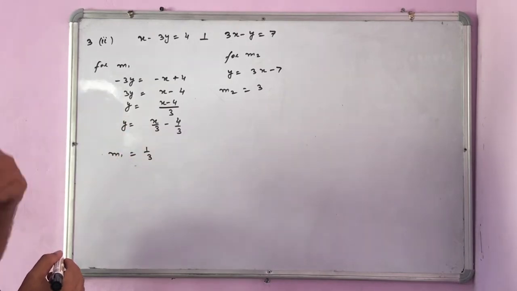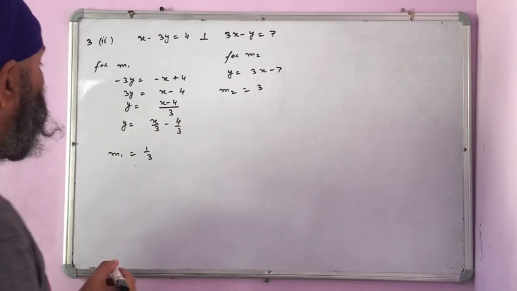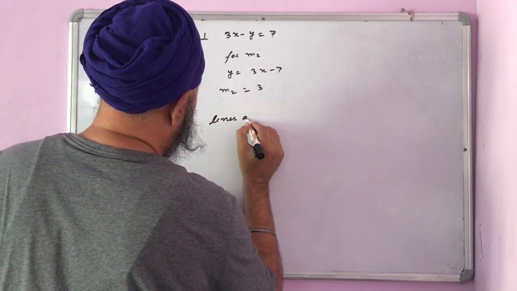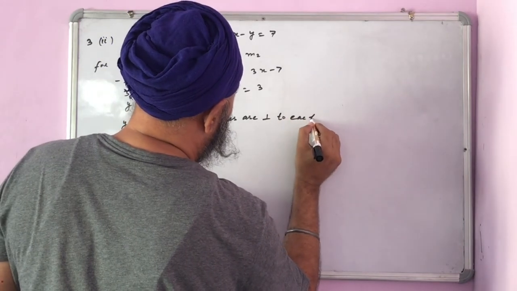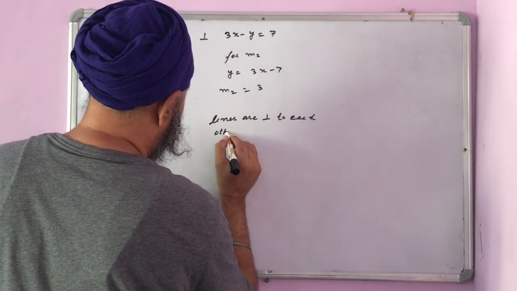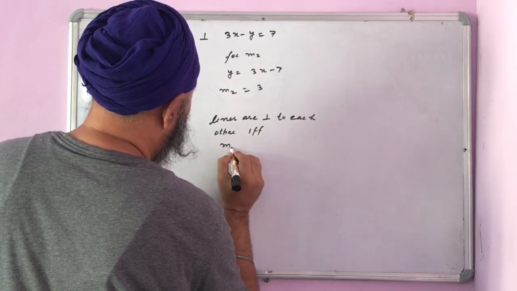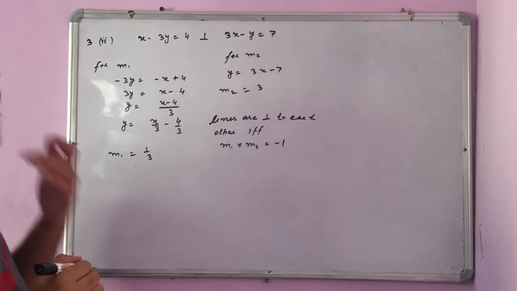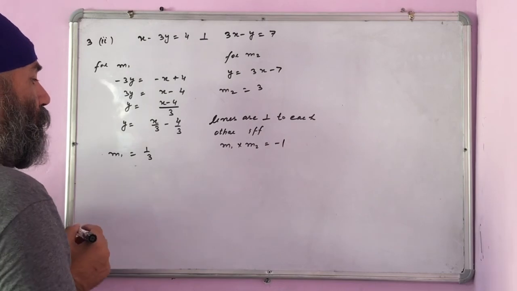Now m1 is equal to 1 by 3, m2 is 3. Lines are perpendicular to each other if and only if m1 into m2 is equal to minus 1, if their slopes are having their product equal to minus 1.